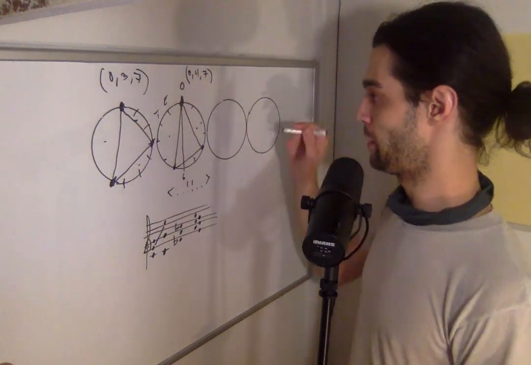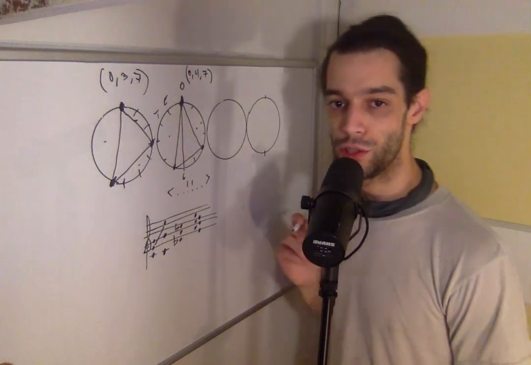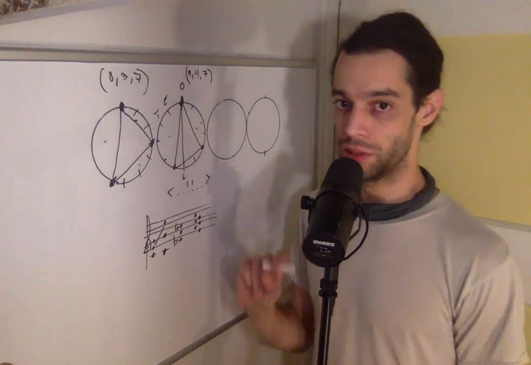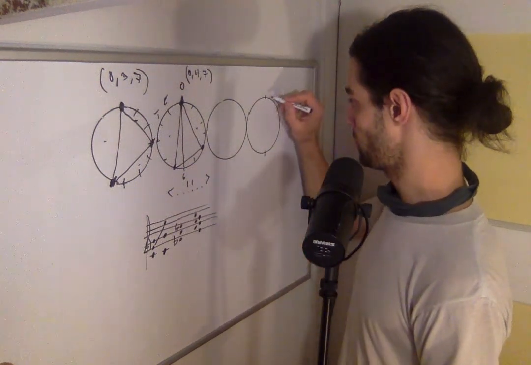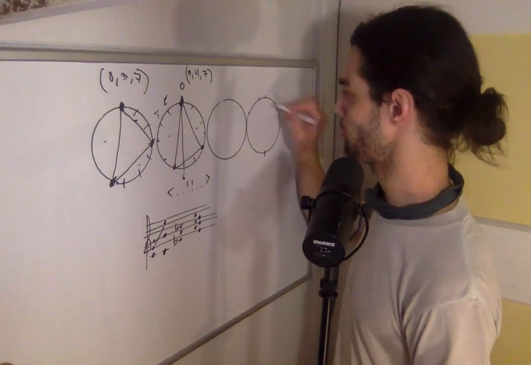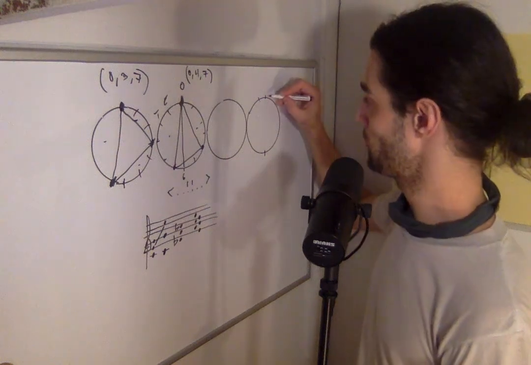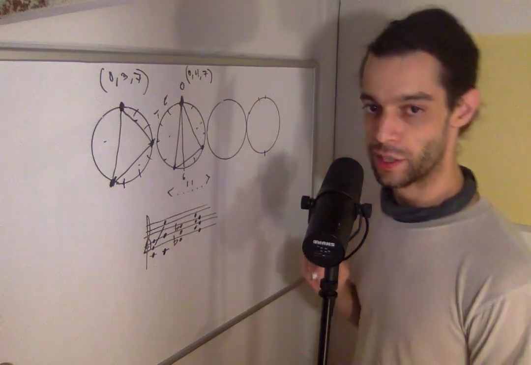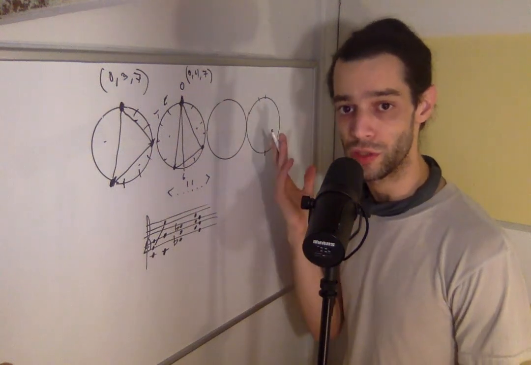Just as a quick example, over here, let's say that you want a 0 to 11 interval. So it's a major 7th in Western talk. So 0, 1, 2, 3, 4, 5, 6, 7, 8, 9, 10, 11. So it'd be all the way over here. You could say, cool, I skip from here to here, but it's actually just one away if we're talking in terms of this modulus.